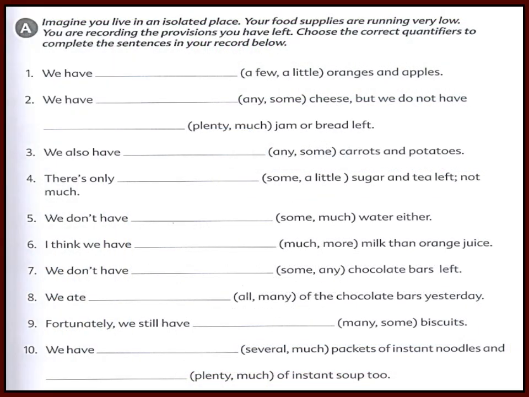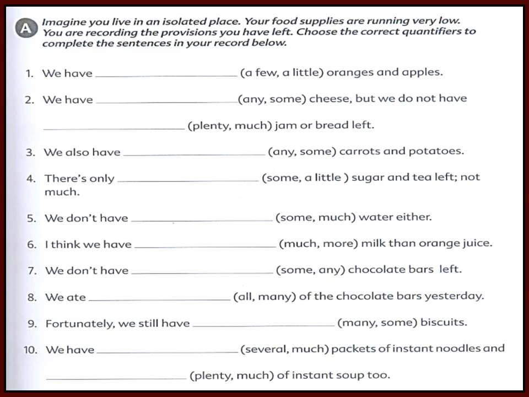Towards our first exercise, this is exercise A in your book. All of you, I think, must have the books in your hand. So I'm reading the question. Imagine you live in an isolated place. Your food supplies are running very low. You are recording the provisions you have left.